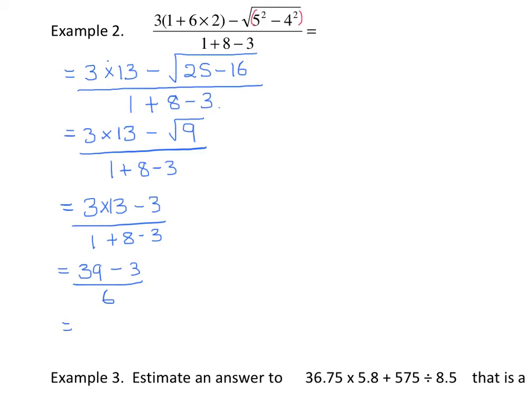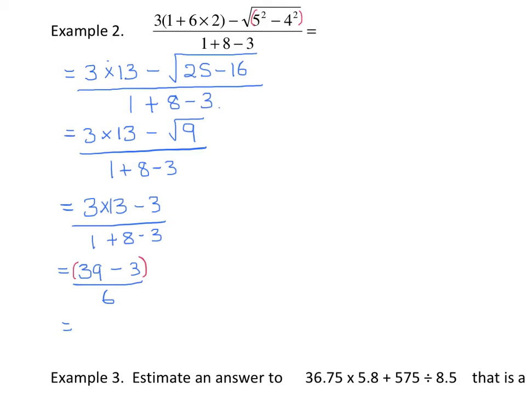Now, by the way, I need to say to you that if we've got a divide sign, as we have here, or a divide line, and an expression above it, we need to evaluate that expression before we can divide. So hence there are implied brackets around 39 take away 3.